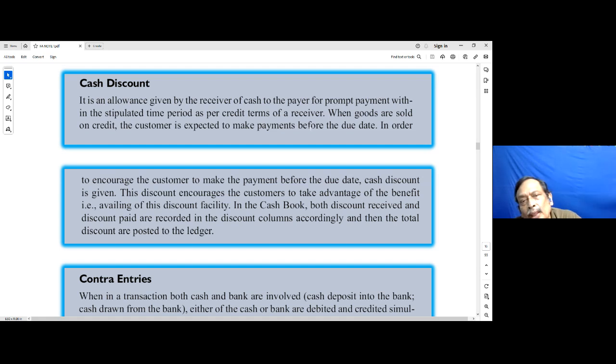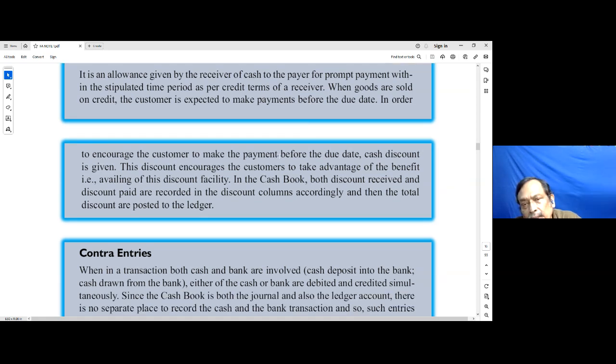So in the cash book, there is a discount allowed column, and on the credit side, there is a discount received column. Discount that will be allowed by the suppliers to the business for prompt payment by the business will be recorded as cash discount received.